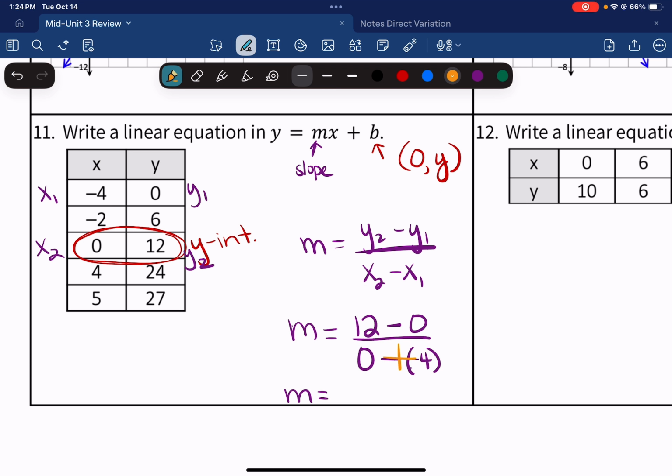I'm getting rid of negative symbols. So my numerator is 12 and my denominator is 4, which just reduces to the number 3. So this equation is just y equals m, my slope, which is 3, so 3 times x, and then my b value is a positive 12, so plus 12.